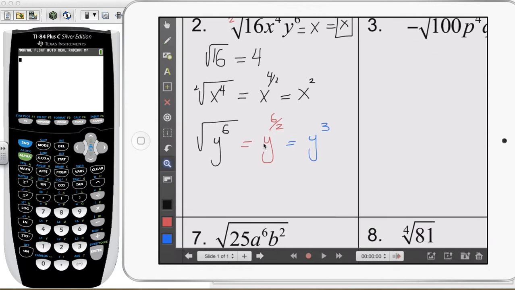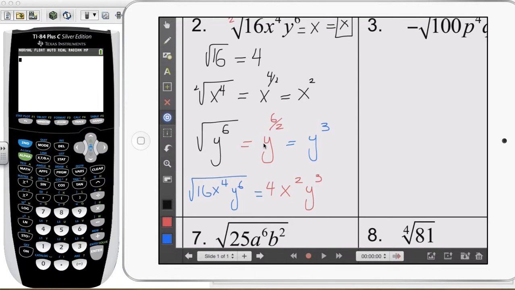So the answer to the square root of 16 x to the 4th y to the 6th is this: the square root of 16 is 4, the square root of x to the 4th is x to the 2nd, since 4 divided by 2 is 2, and the square root of y to the 6th is going to be y to the 3rd, since again, 6 is completely divisible by the index 2. 6 divided by 2 is 3.